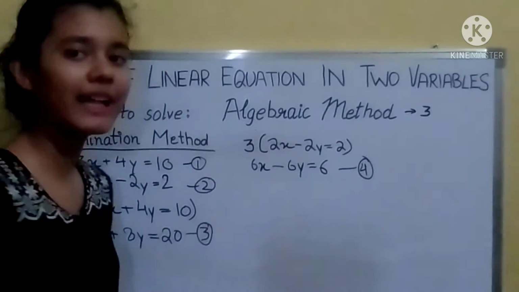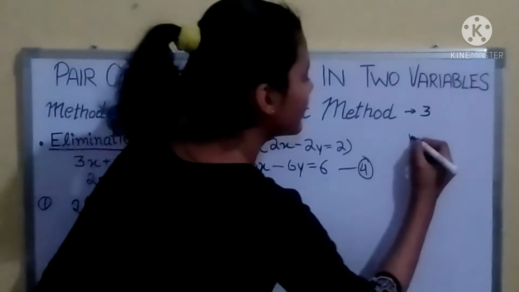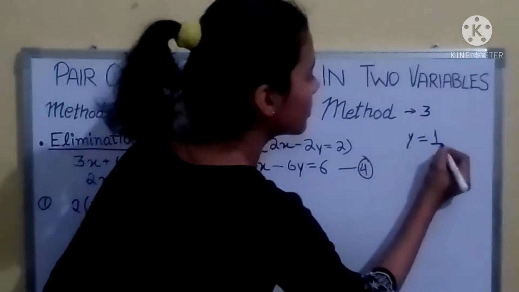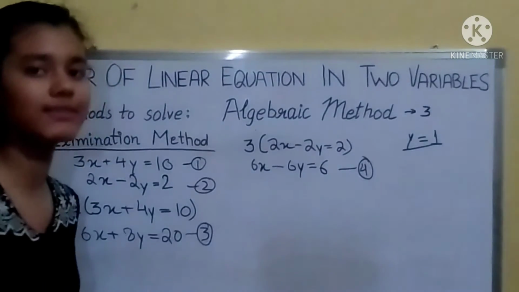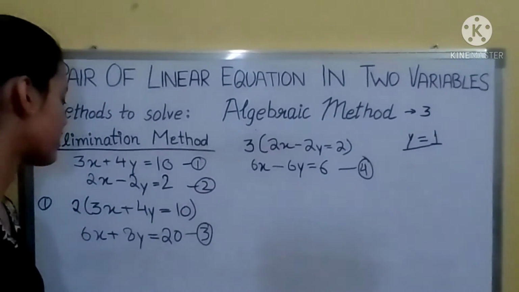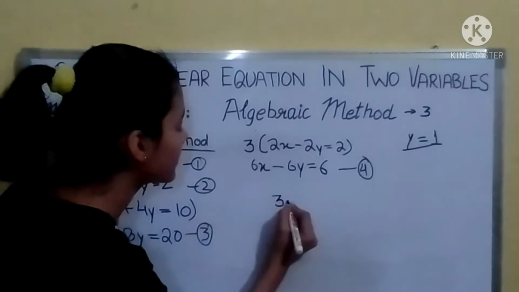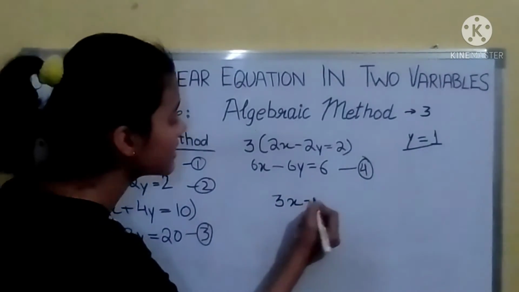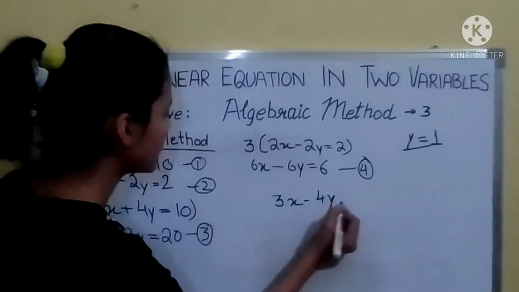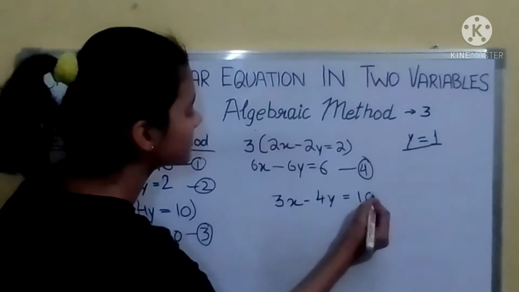Now we will put the value of y. So the y value that we got was 1. Okay. So now we will put this value in any of the equations. Now let's put it in the first equation. So 3x minus 4y is equal to 10. Okay.